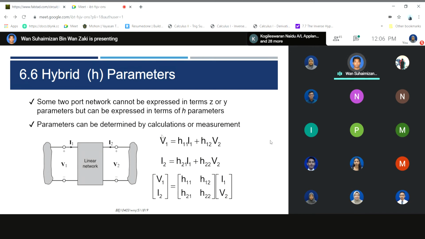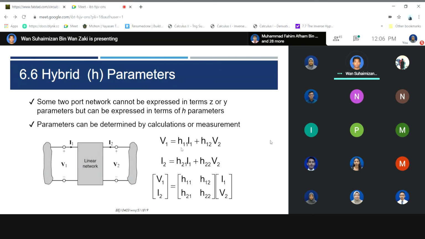Here, we can apply a linear network. We have V1, I1, I2, V2. The hybrid parameter means it combines two tests: an open circuit test for port number 2, and a short circuit test for port number 1, right?